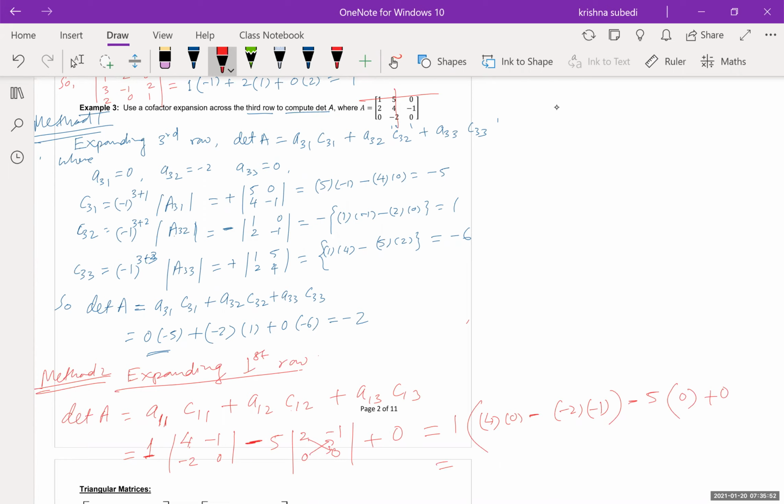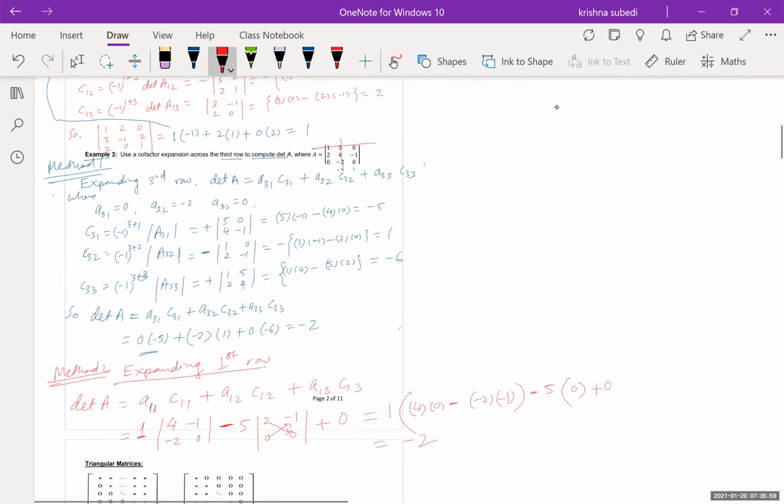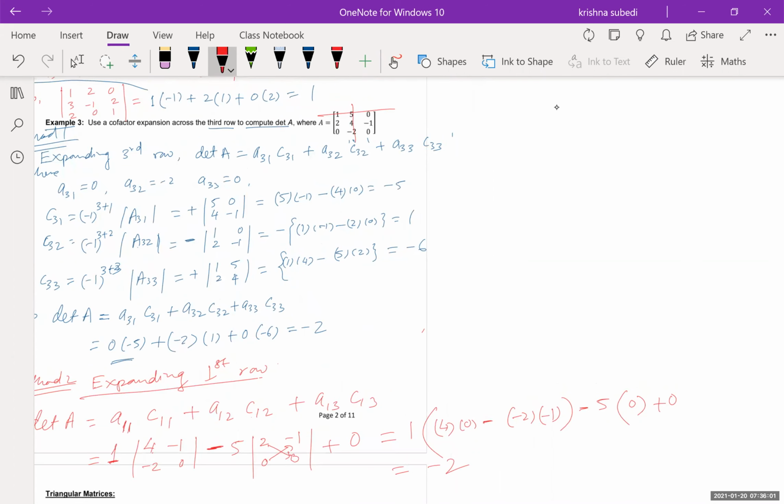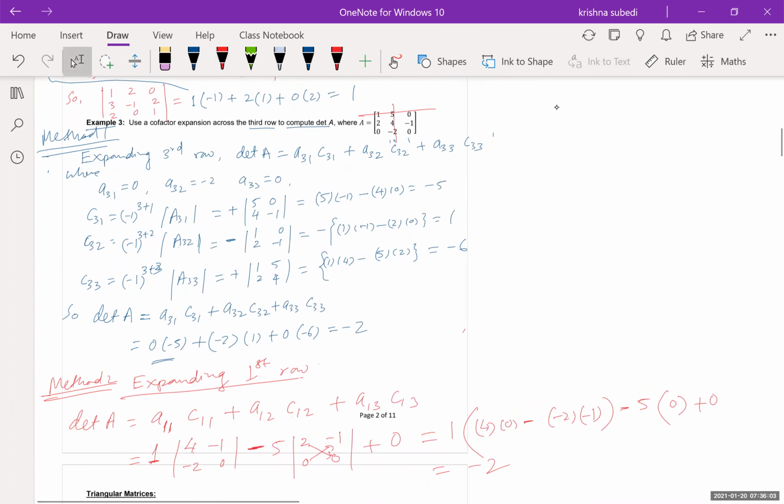So that's going to give me negative 2 again. So you don't have to do all of these processes. The concept is the same. Pretty much every process we have written here, but in a condensed form so that you can save some time.